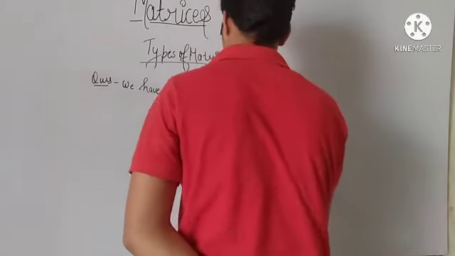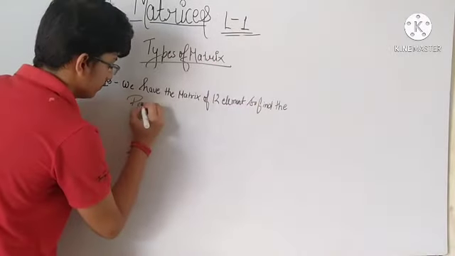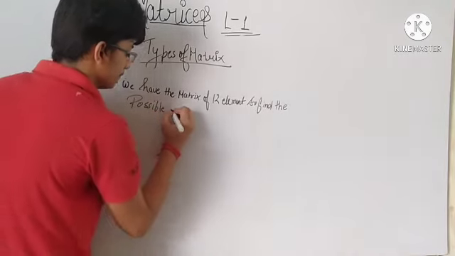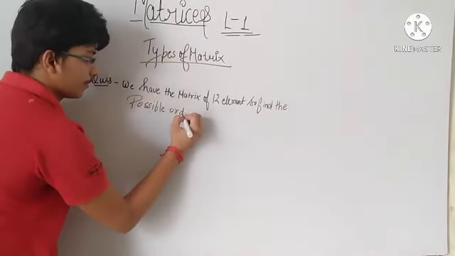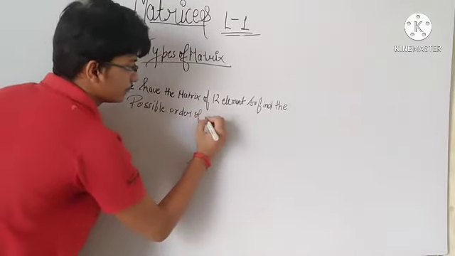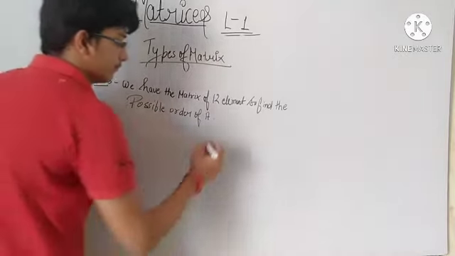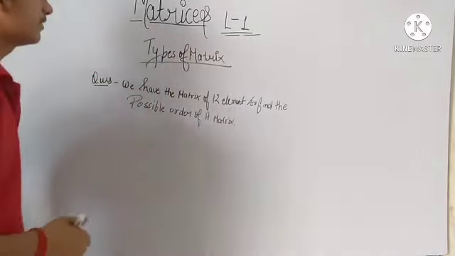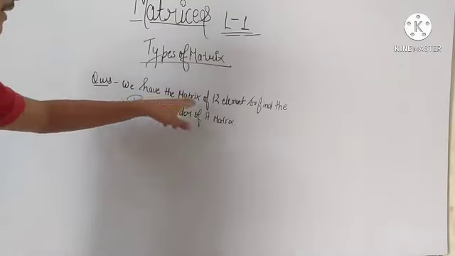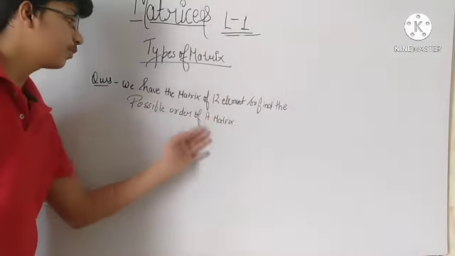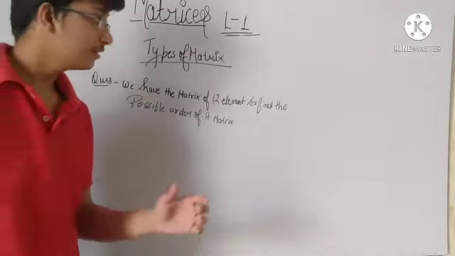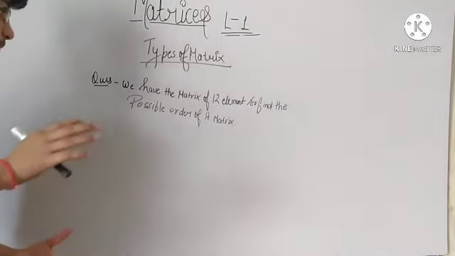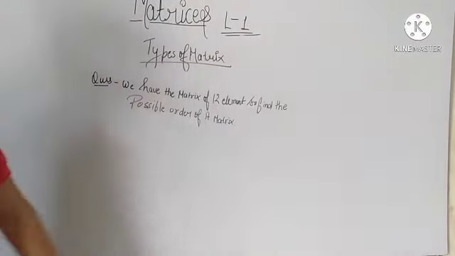Find the possible order of the matrix. We have a matrix with 12 elements, so we have to find its possible order.